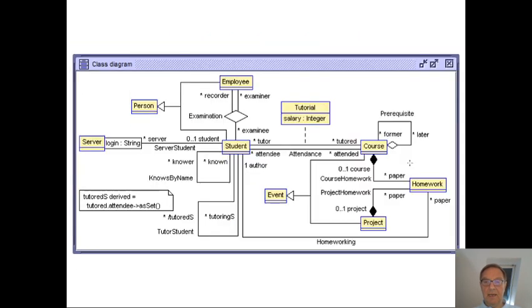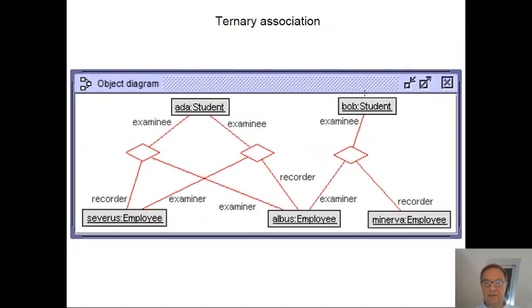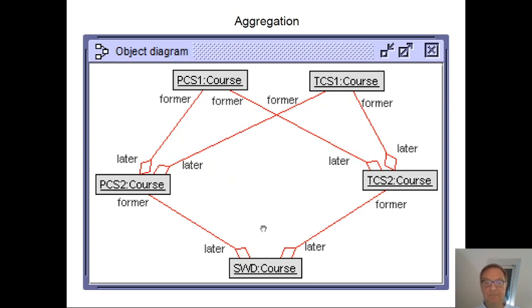Let us look at the aggregation over here. It is defined on the class course. Let us look at a concrete example here. I have used part-whole relationships to express the relationship between courses.